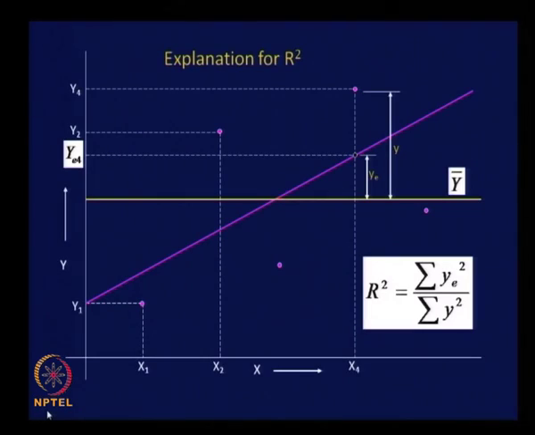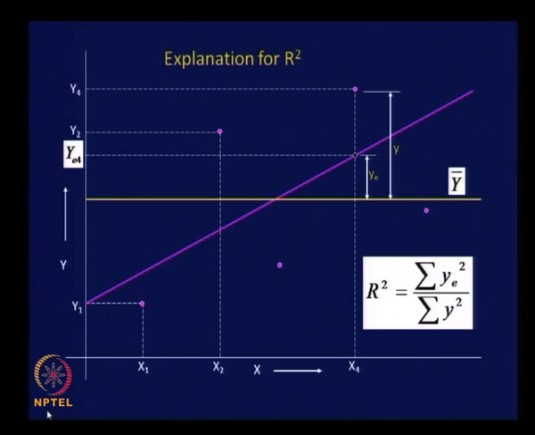So, the maximum possible value is 1. What is the least possible value? If the independent variable is not explaining the dependent variable at all, it can be 0, right. So, that is the range of values for R squared.